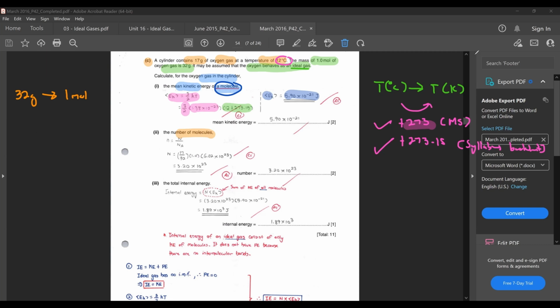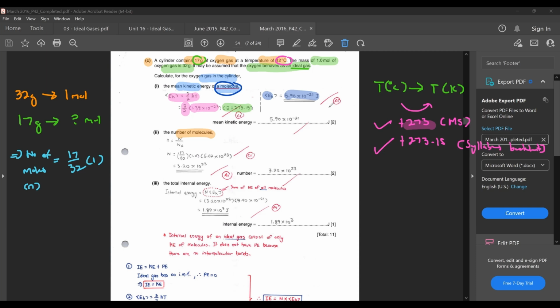What if you have 17 grams now? How much would 17 grams give you in terms of number of moles? So from here, you can actually deduce this. Your number of moles is going to be 17 over 32 times 1. This is your number of moles, n.